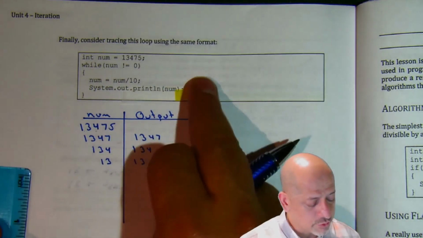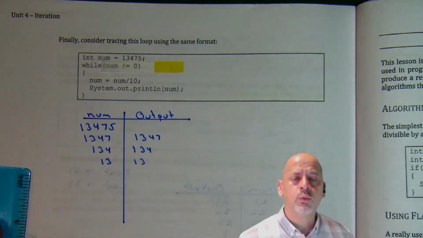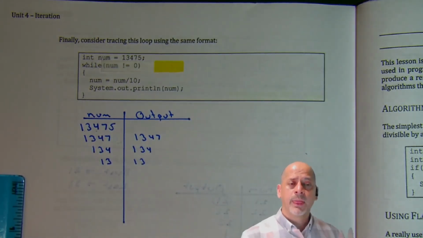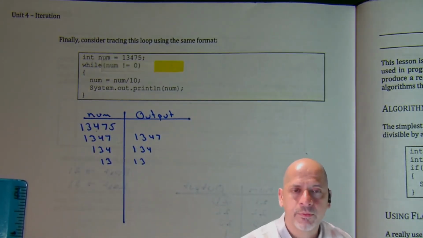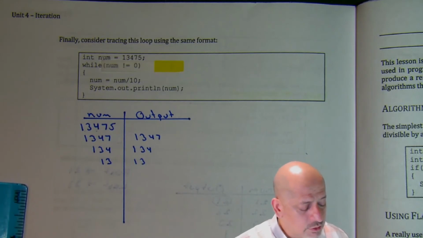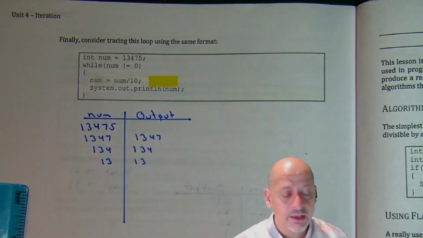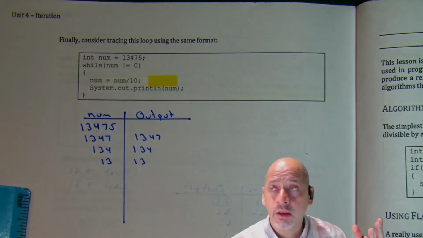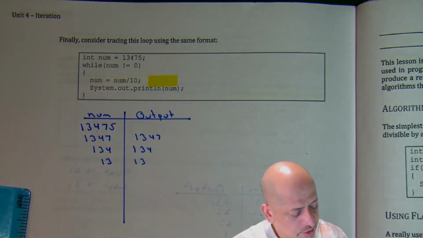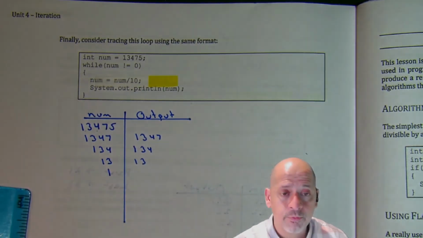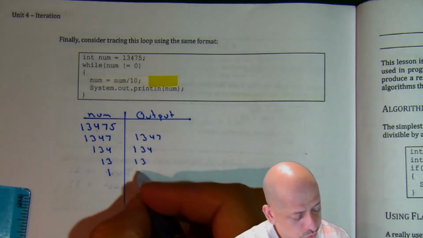And now we go through another iteration and see what is going to be the last number. Pause if you haven't figured this out. Is it not equal to 0? Yeah, it's not equal to 0, so therefore we're going to divide by 10, which will give us 1.3. But the decimal will get chopped off, therefore it will be just 1. Then we're going to print it.